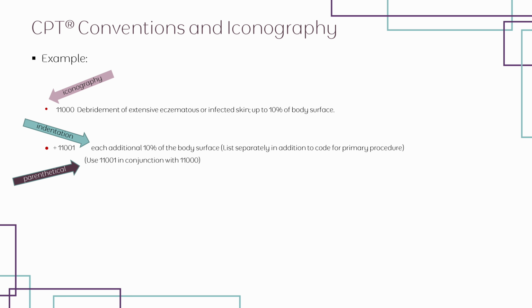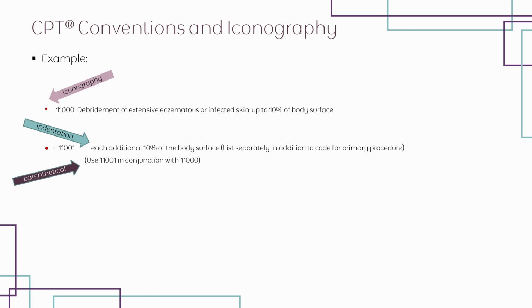Let's take a moment to apply what we've just discussed about our conventions and symbols by looking at an actual example within the codebook. Go ahead and locate CPT codes 11000 and 11001. As you can see, code 11001 is indented under 11000.